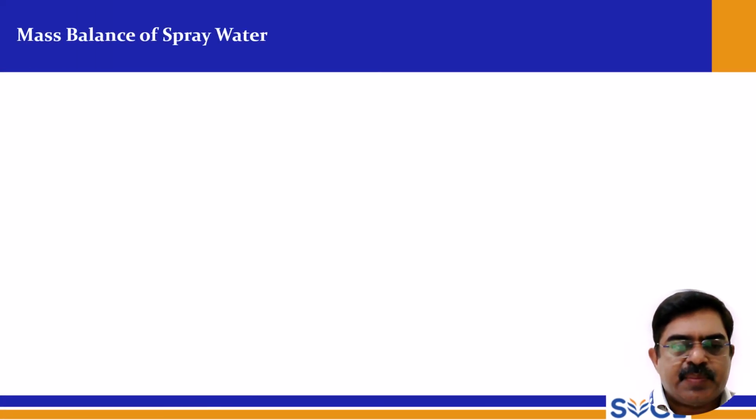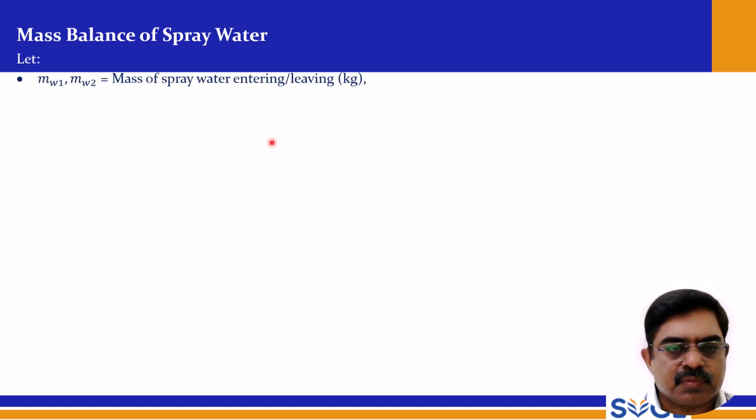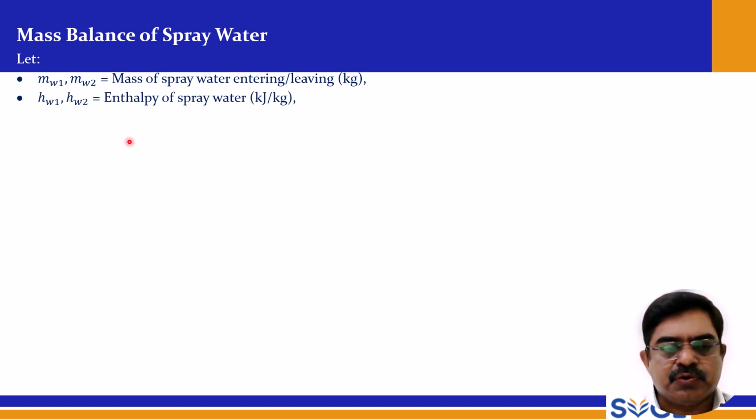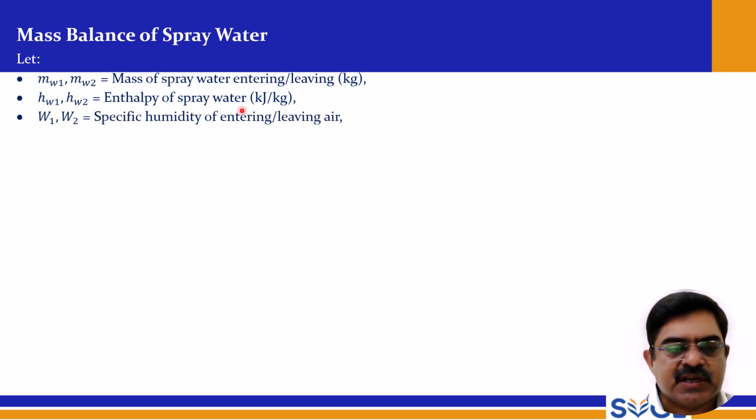Mass balance of spray water. Let MW1 and MW2 be the mass of spray water entering and leaving in kg, and HW1, HW2 the enthalpy of spray water in kilojoules per kg.